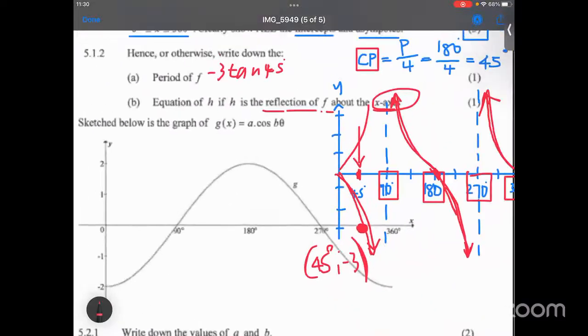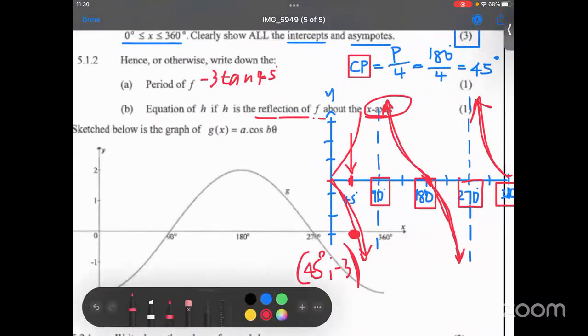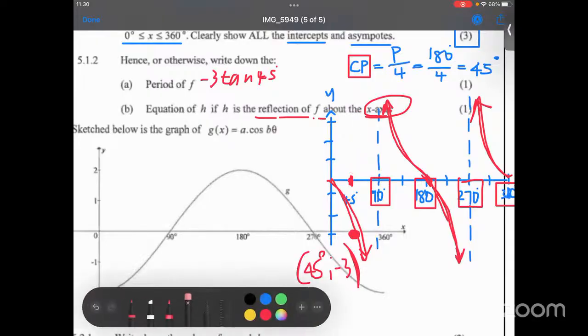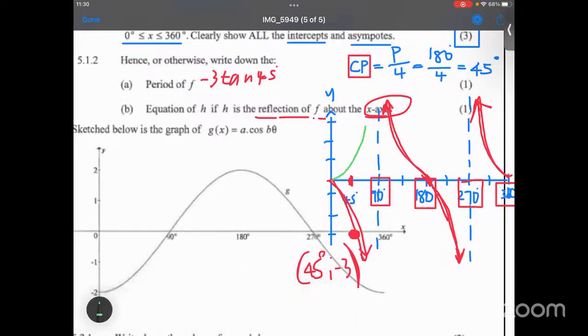How does a reflection look on the graph? This is how it looks. If you plot that reflection about the x-axis, it's like you've just flipped the whole graph.